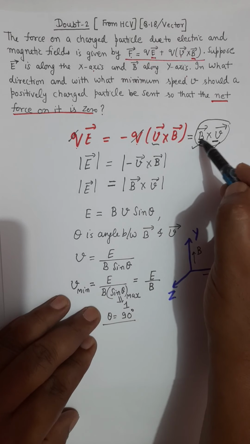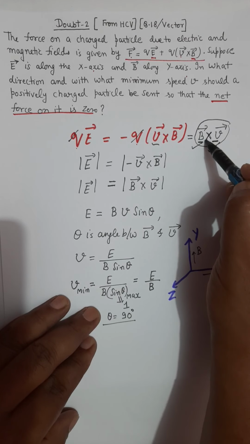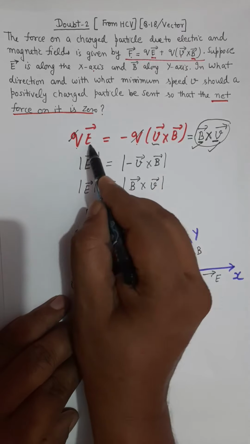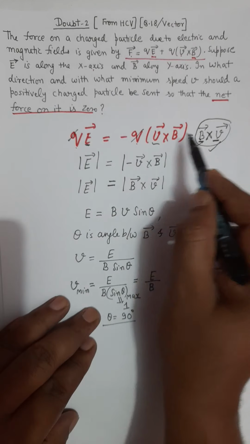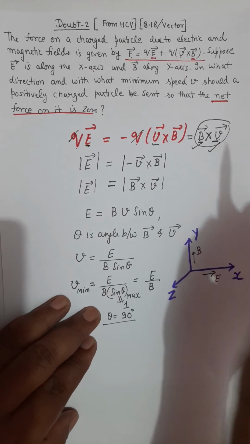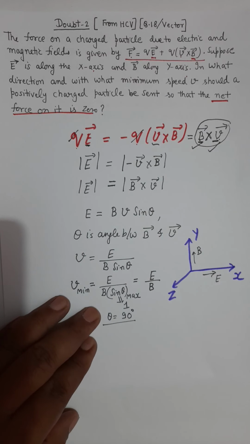The product of two vectors, which is E, must be perpendicular to B as well as perpendicular to V, because E is the cross product of vector B and vector V.